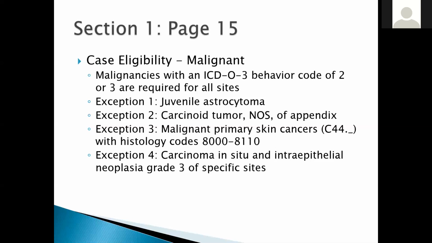So you see what I mean? It has a behavior code of 3, and that's the rule, but it used to not be the rule. We used to have to make it a behavior 1. As you get to know the ICD-O-3 manual, behavior 1 is defined as a benign tumor, and behavior 3 is defined as an invasive malignancy.